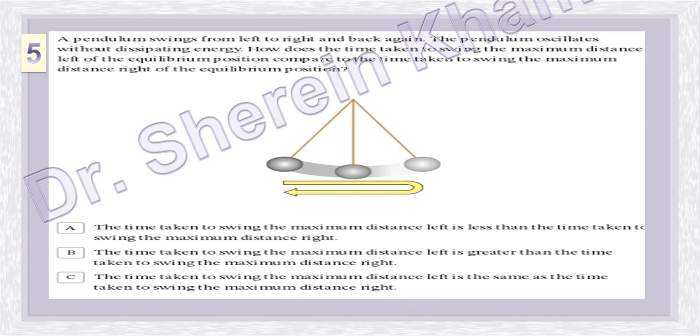We go to the maximum distance left or right, so we take the same time in each one. So the right answer will be letter C: the time taken to swing the maximum distance left is the same as the time taken to swing the maximum distance right.